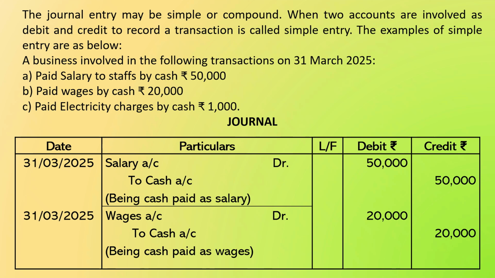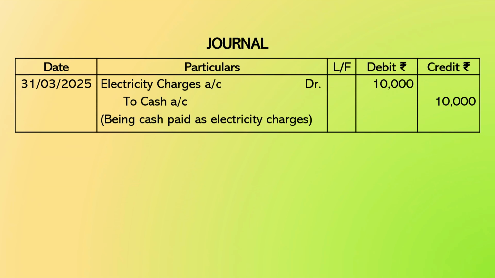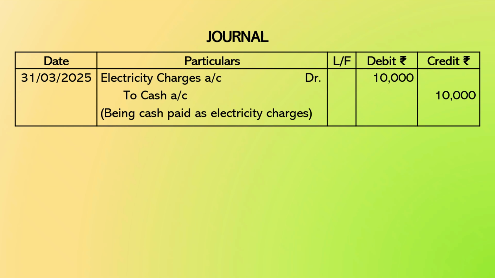The narration is being cash paid as wages and the amount is 20,000. The third entry on 31st March 2025 is electricity charges account debtor to cash account. The narration is being cash paid as electricity charges and the amount is 10,000.